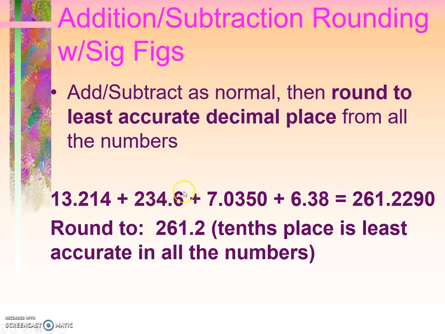That's the least accurate decimal place out of all of them. So what we're going to do is we're going to round this answer 261.2290 to the tenths place. So we'll get 261.2 because the tenths place is the least accurate.